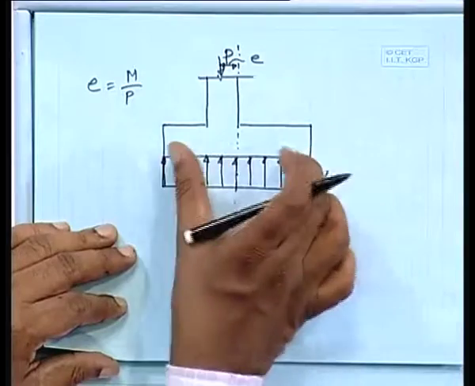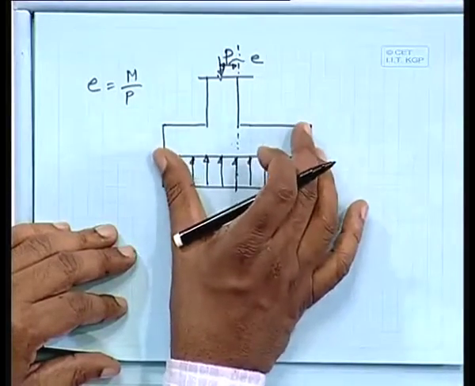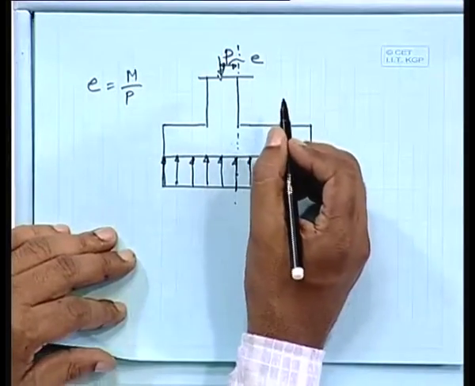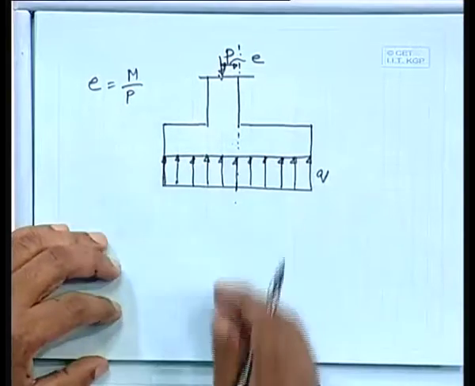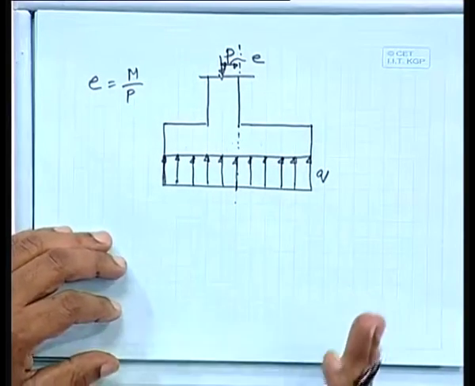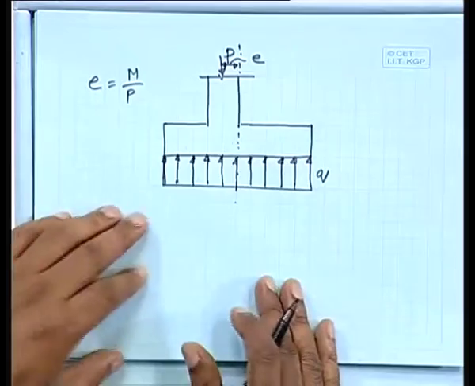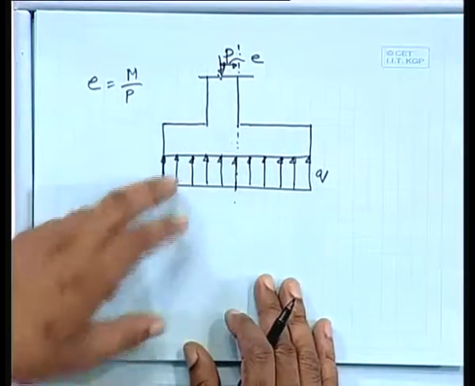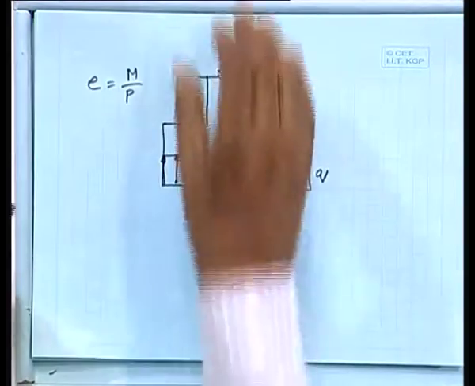This way also we can make it. So this is one way, but generally we avoid this one. We generally keep the center line of the column and center line of the footing the same.